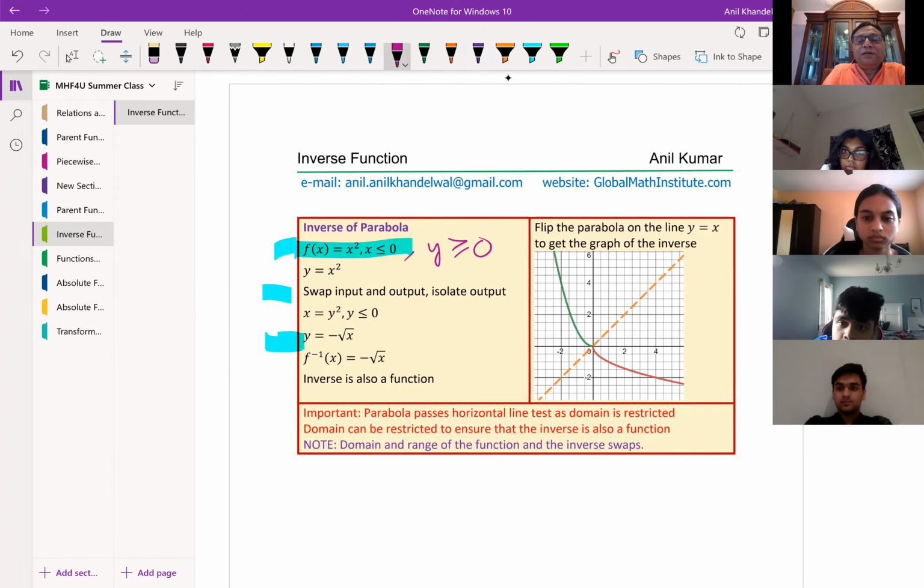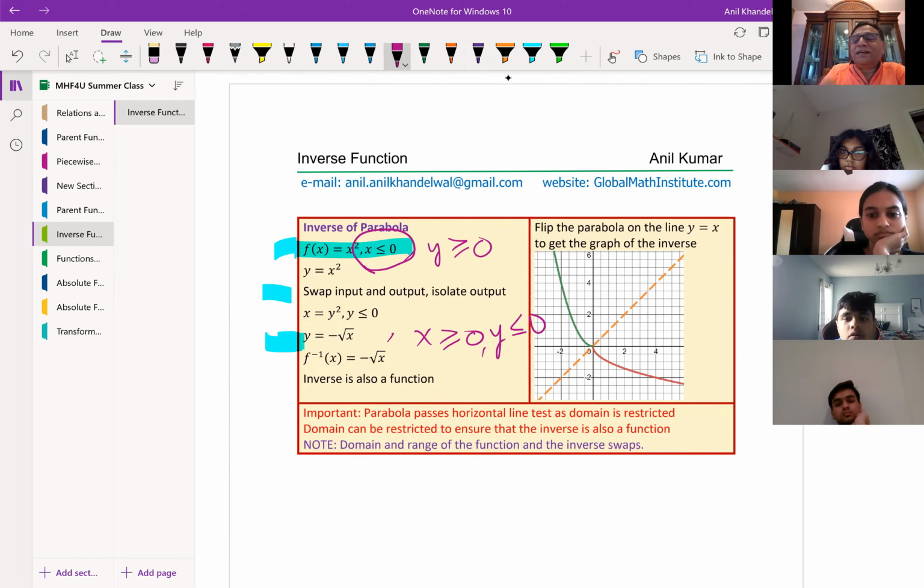So therefore, that becomes the domain of the inverse function now, correct? Which is x is greater than equal to 0. Okay. How about the range? But why am I writing minus? Minus is because the domain is x less than equal to 0, right? So the range will be less than equal to 0, which is the negative side.